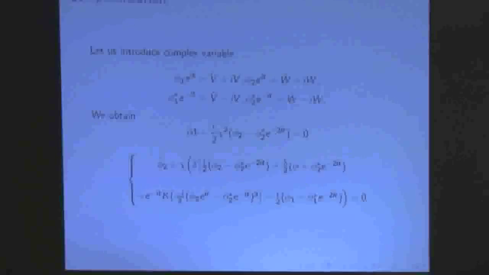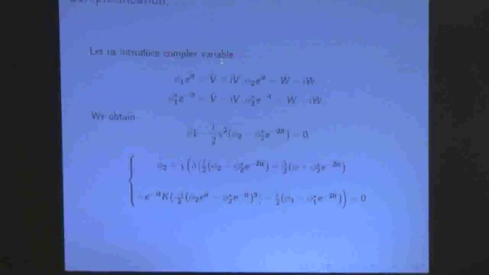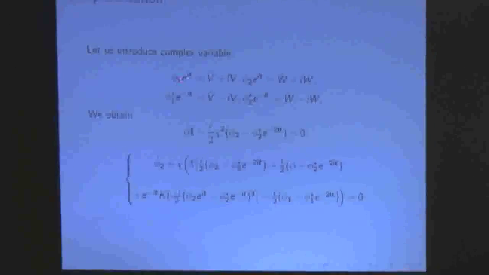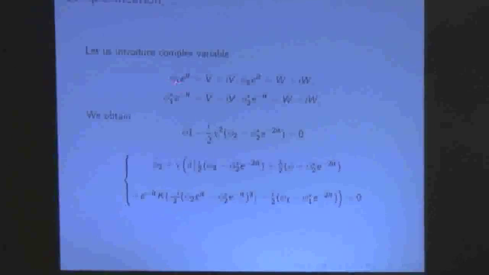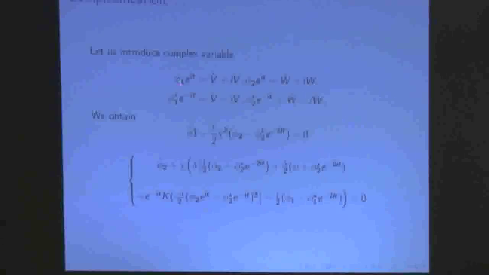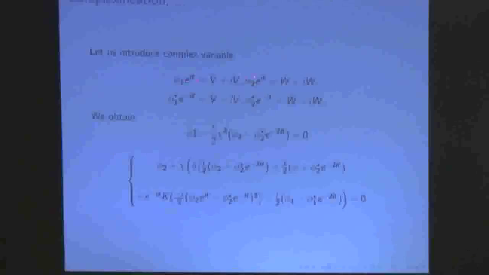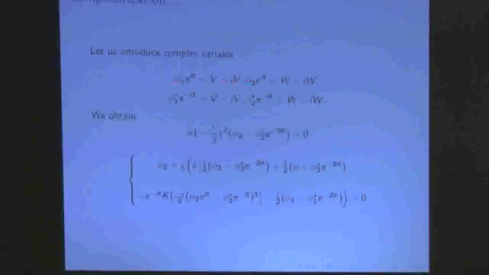Then, to understand what happens, I introduce complex variables, in the sense of Leonid Manevich. I introduce phi1 and phi2, and you see that phi1 and phi2 are amplitudes, there to measure the amplitude of the resonance, since I introduce the exponential of it here, which is the consequence in my complex variable of the 1-to-1 resonance.